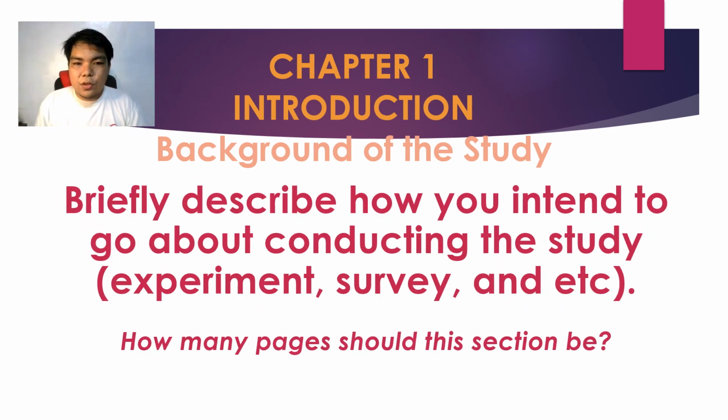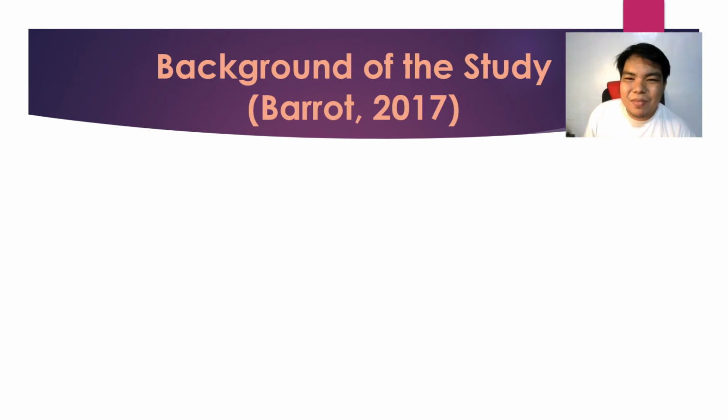That is by briefly describing how you intend to go about the study. Are you going to conduct an experiment, conduct a survey, right? When writing the background of the study, how many pages must this include? This section is typically around 1 to 2 pages by convention.